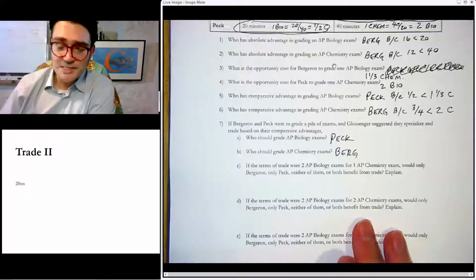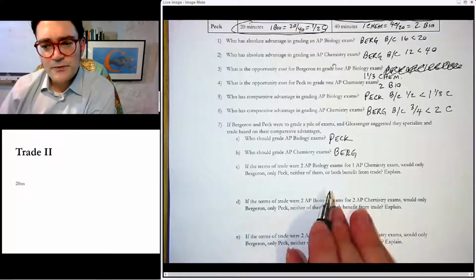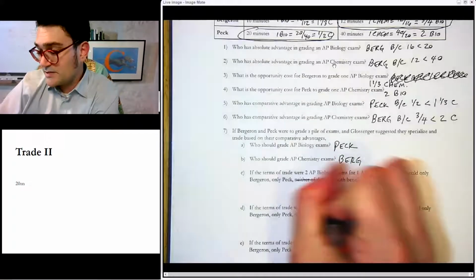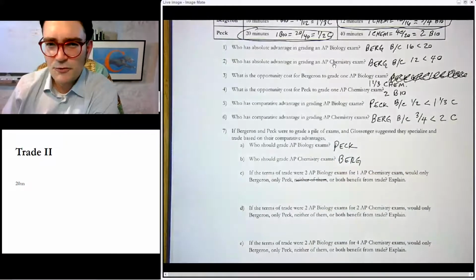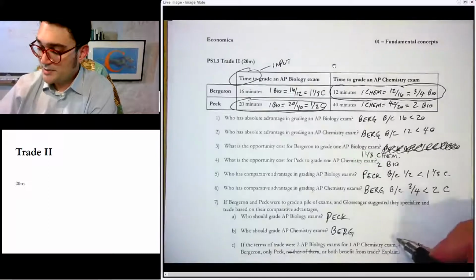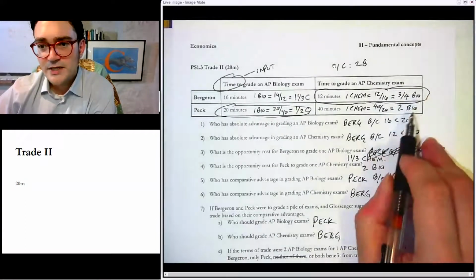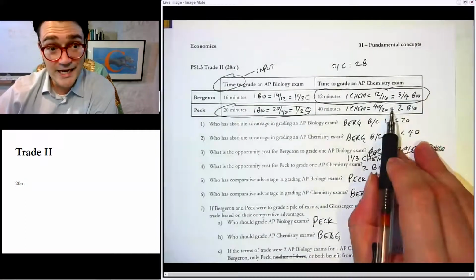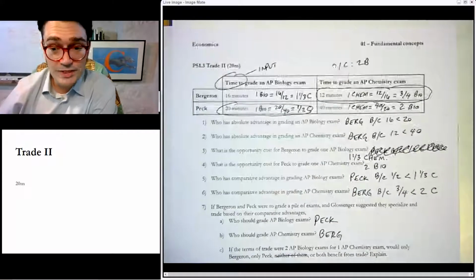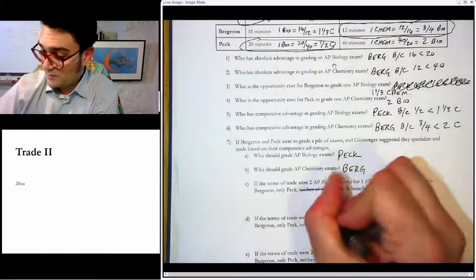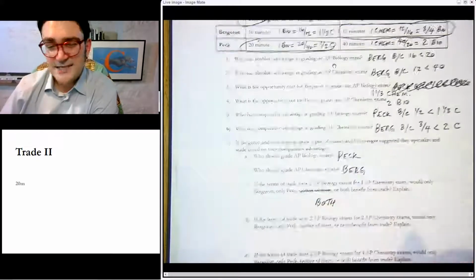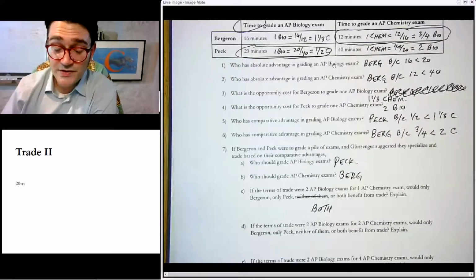Now we're going to do terms of trade. It's everybody's favorite. 2 bio for 1 chem. Okay, and remember this, the neither option, it's a trick. Don't fall for it. So we have 1 chemistry for 2 bio. Boy, that is right on Peck's line, but he's going to be willing to do it. So it's actually both. And technically, Peck is actually ambivalent to that trade.